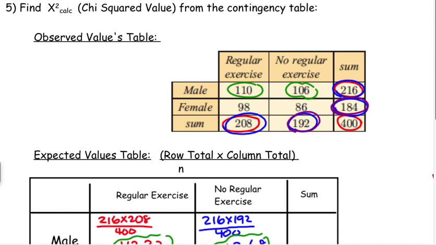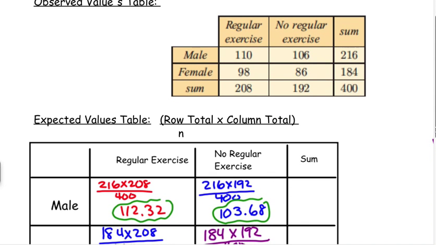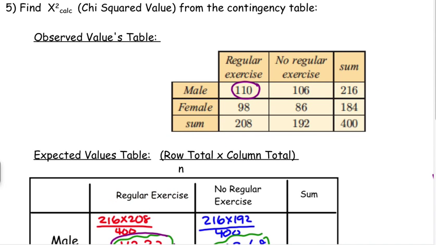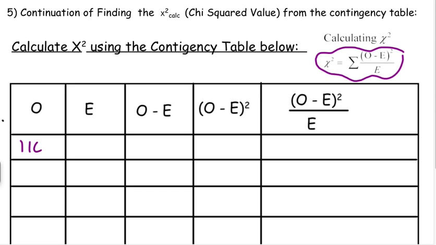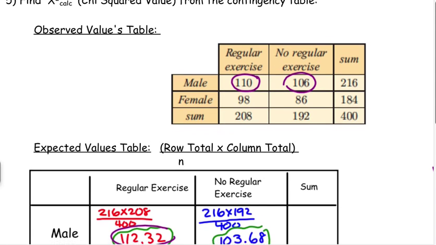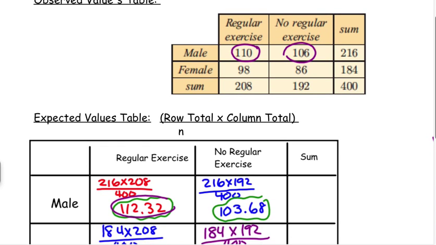Our observed 110, and we got 112.32 as your expected. Then our next one, 106 and 103.68.